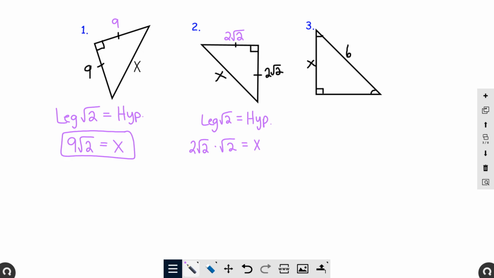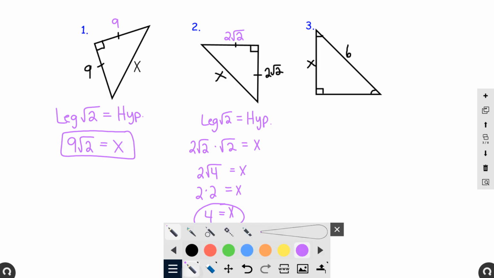Okay, so we have 2 square root of 2, which is a leg, and then we times that by the square root of 2. Now remember how we multiply radicals. Numbers outside multiply together, numbers inside multiply together. So outside we have 2, inside we have 2 times 2, which makes 4. What is the square root of 4? 2. So this is really 2 times 2, which is 4. I'm just showing all of my work here, but you guys already did the same square roots times the same square roots.